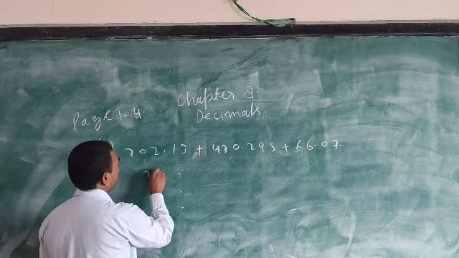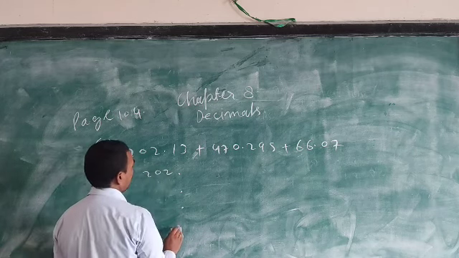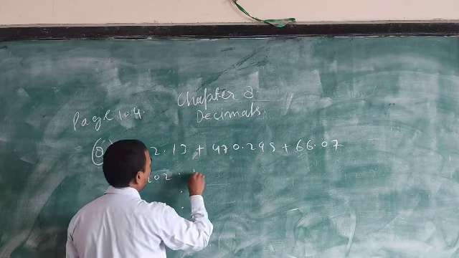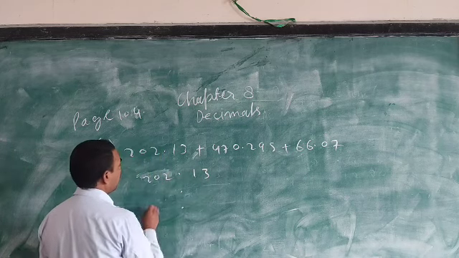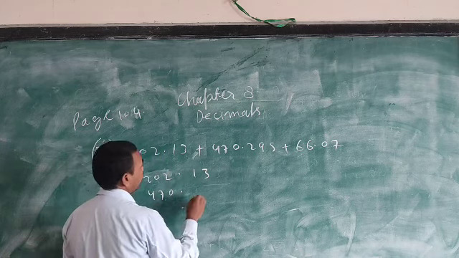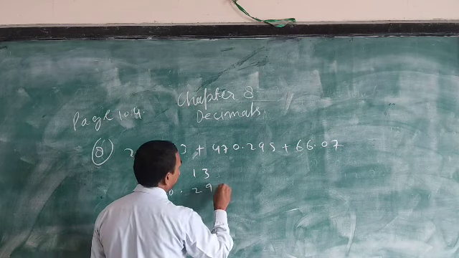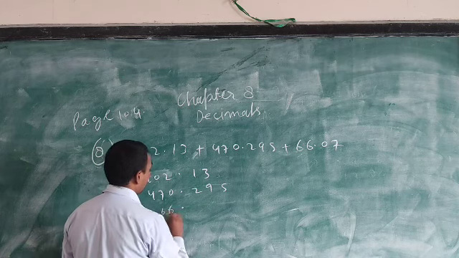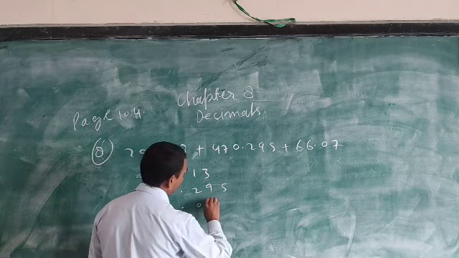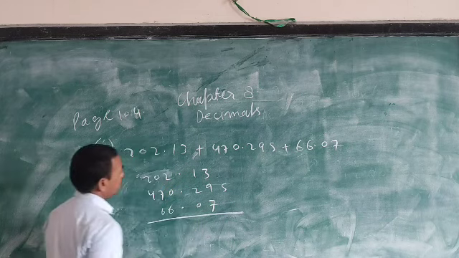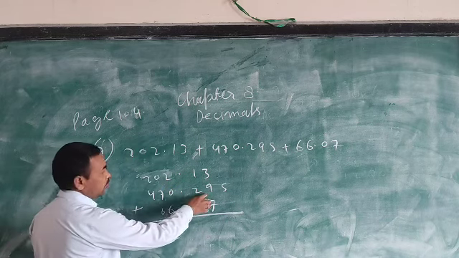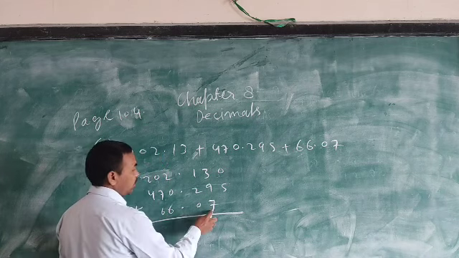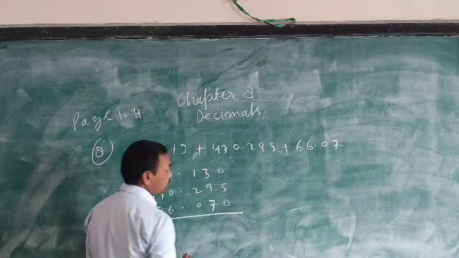And this whole number 202.13 and this 470.295, 3 decimals here, 2 decimals there, 66.07. See, you can add simply. There are 3 decimals here, 2 only. You can add 0 at the end. See here in this table, after 7 you should write 0.